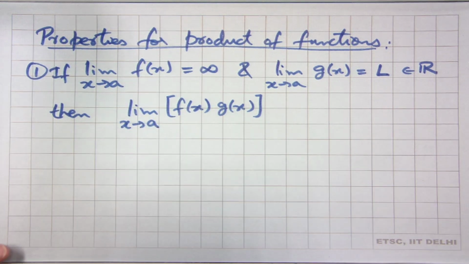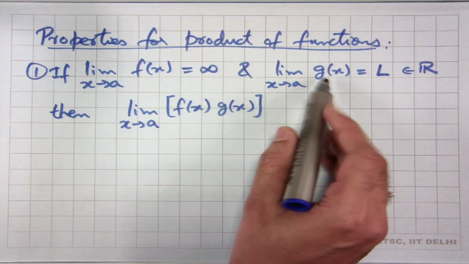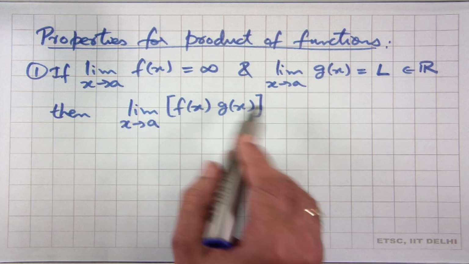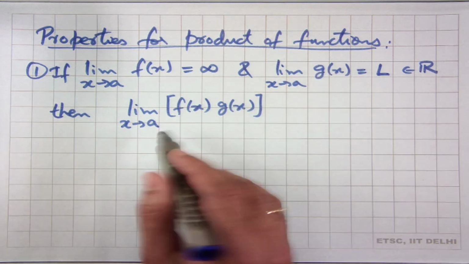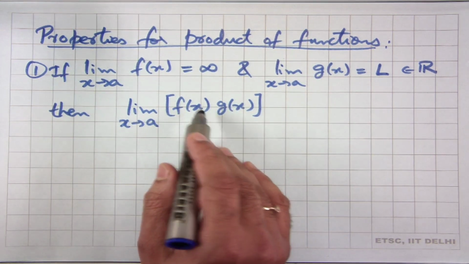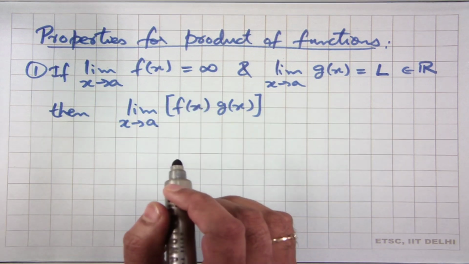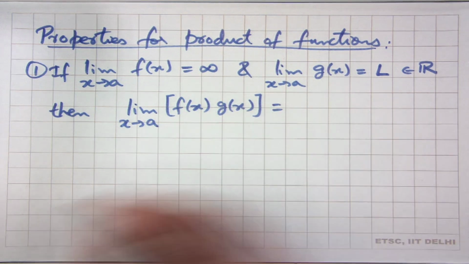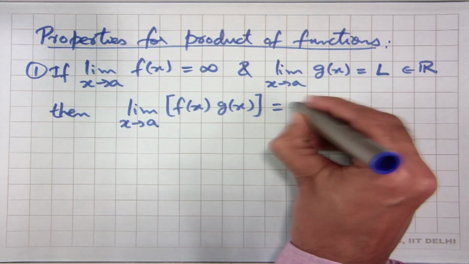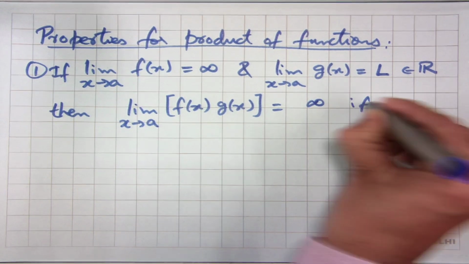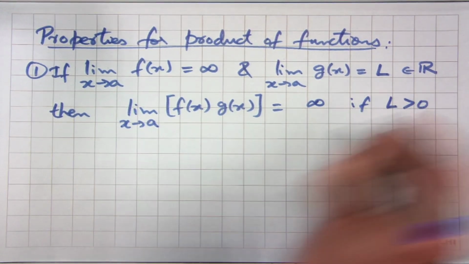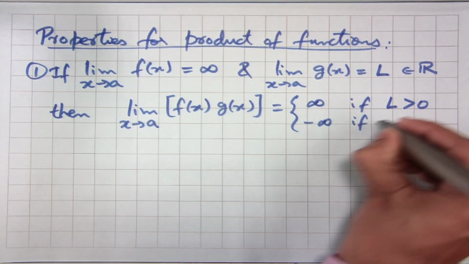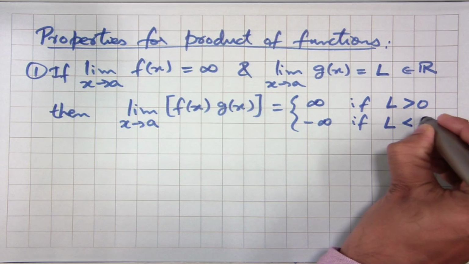We have seen a special case of this where g(x) is just a constant. Then we saw that it depends on the sign of the constant whether the limit is equal to positive infinity, minus infinity or 0. So, here what we will get is that this is equal to infinity if L is positive, and this is equal to negative infinity if L is negative.